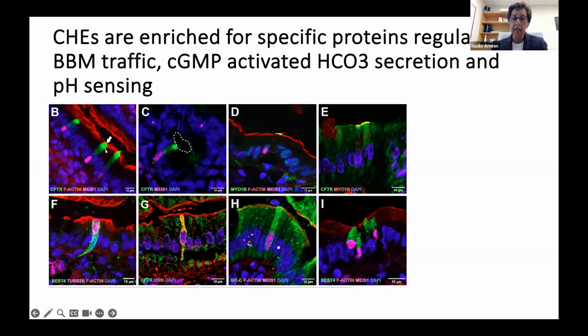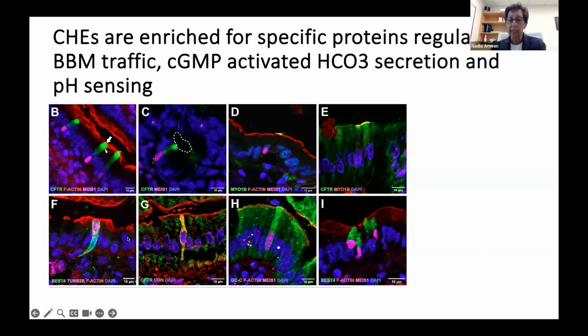Among the other genes we identified, bestrophin 4 shows basolateral membrane localization at the protein level, and there's a basal process in these cells beneath the nucleus extending into the lamina propria. There are also high levels of TUB2, which is expected. This is tubulin, which is important in trafficking, and we know that these cells traffic robustly.